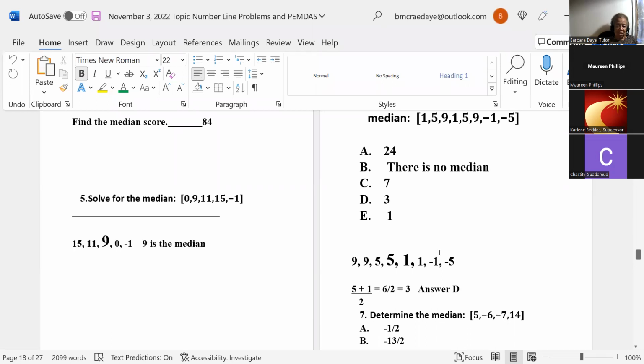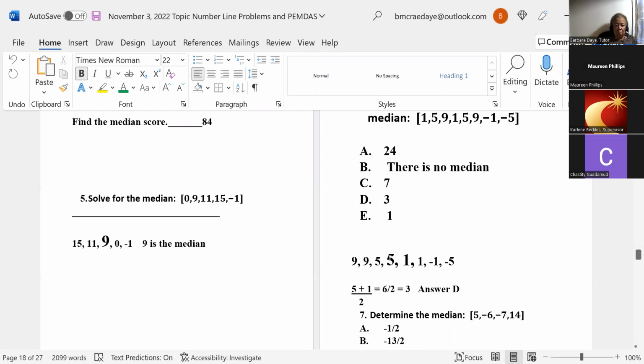You're getting an average of 2 items. 5 and 1 are 2 items in the middle. An average of 2 numbers is the sum of the numbers divided by 2. Got it, Chastity? Yes, Miss Barbara, thank you. Okay, yes, always divided by 2.